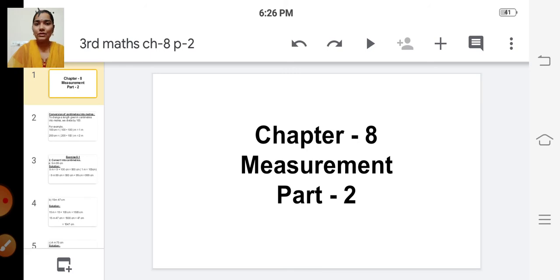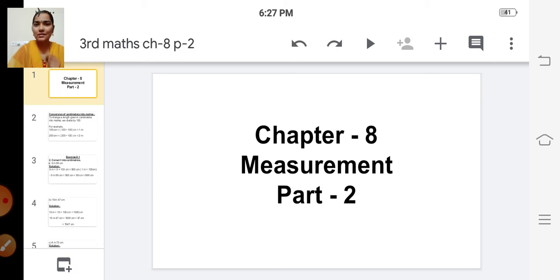So to convert centimeters, the smaller unit, into the bigger unit meter, we have to divide by 100. Okay, we have to divide by 100.